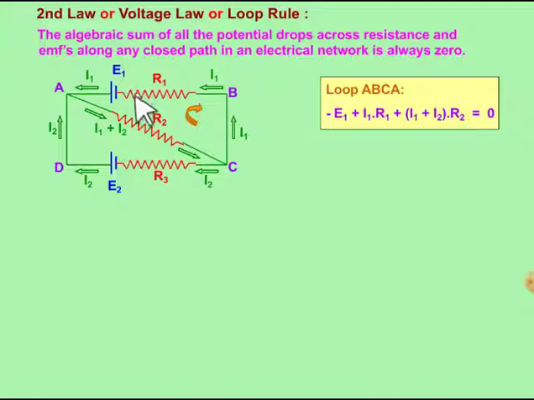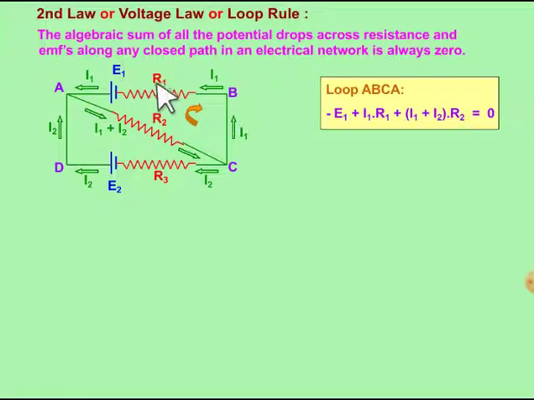On the other hand, what happens if the potential rises? When the potential rises from low to high potential, if we move from low to high potential, then it will be positive. Low to high means rises.